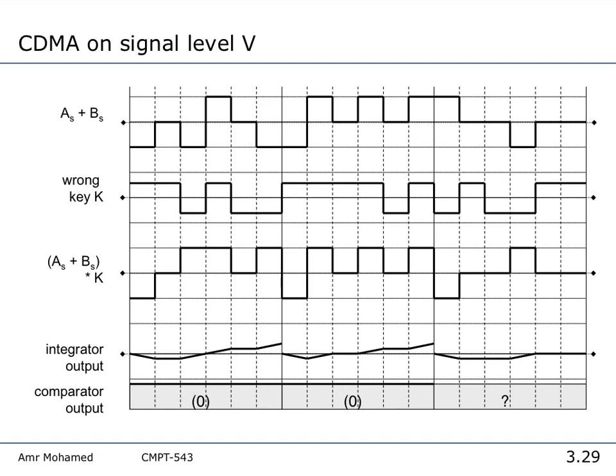One is that each key is highly correlated with itself. So when you multiply by itself, the value will be high, and when we multiply it by others, the value is zero. And also, even if we have some missynchronization, if the key is shifted, then when you multiply it with itself, the correlation will be very low.